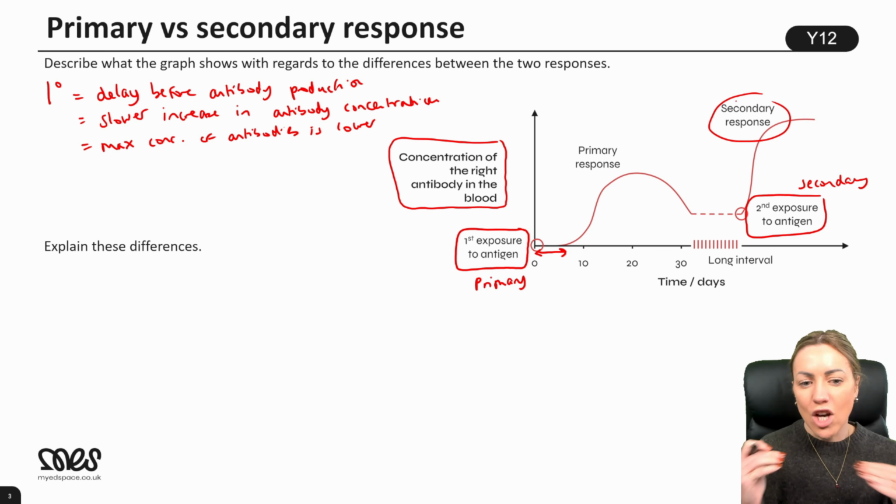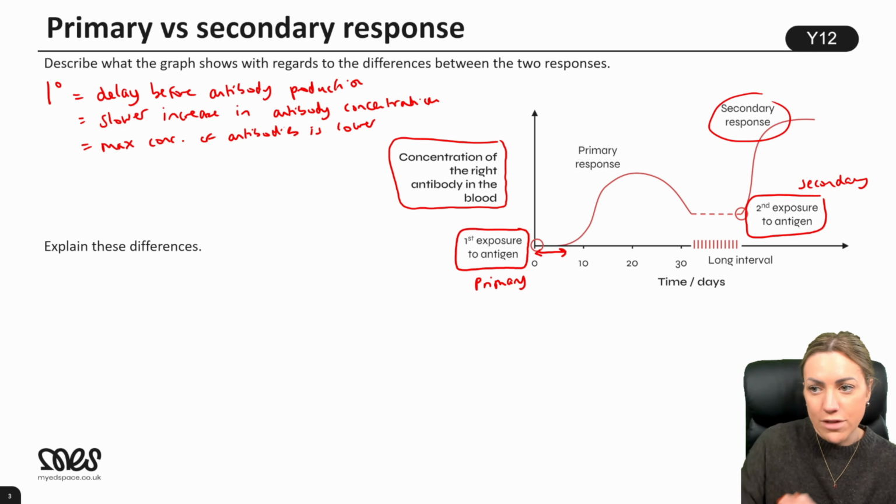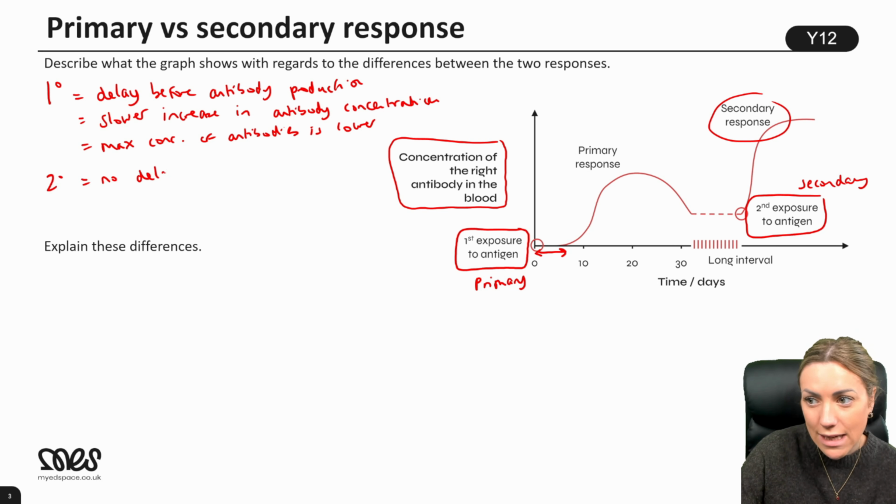Now, we could say the converse for every single thing in terms of the secondary immune response. So, for example, with the secondary immune response, in fact, I'll write it down. There's no delay before antibody production. If you look here, the line starts to increase, or the concentration of antibodies starts to increase immediately after the second exposure to that antigen.